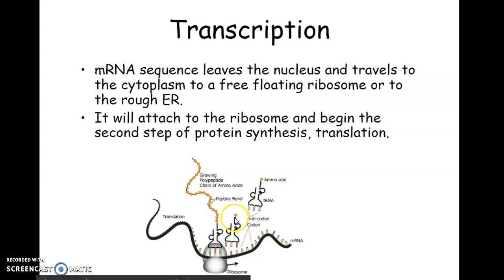And then it's going to join its amino acid to the amino acids there, by peptide bonds, and it's going to make a long chain of amino acids, or a protein. That's what translation is. It's translating that DNA language into the amino acid protein language.